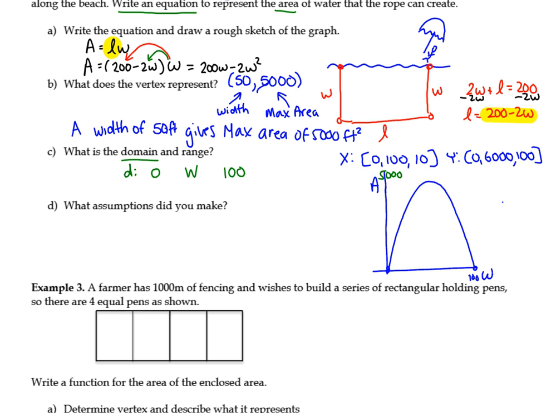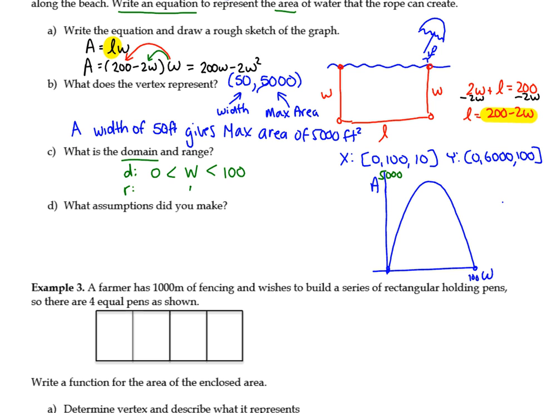No. If the width was 100, would the rectangle exist? If you had 100 and 100, and you have 200 feet of rope, would it actually form a rectangle? No, because there's no dimension for the length. So it's between 0 and 100, but not including 0 and 100, because if we include those dimensions, it would just be a line. That's it.